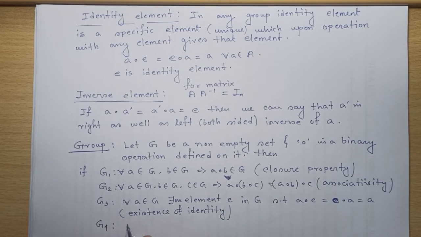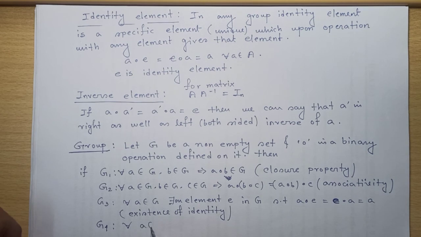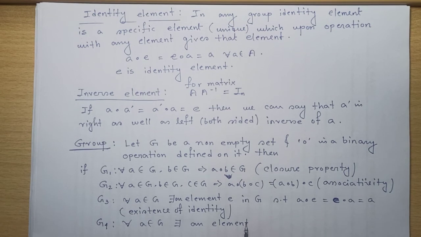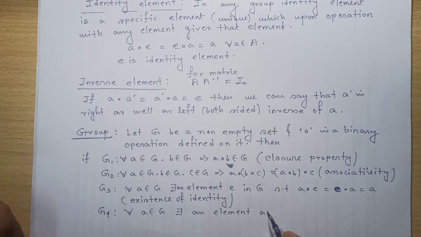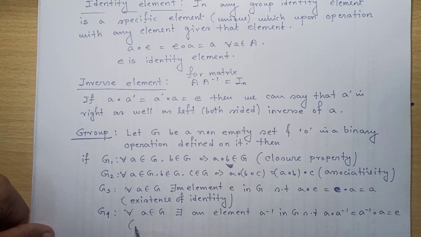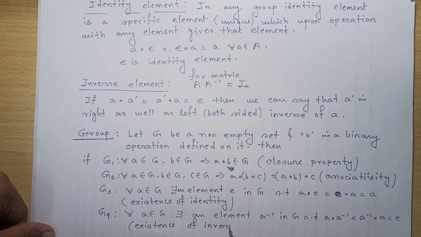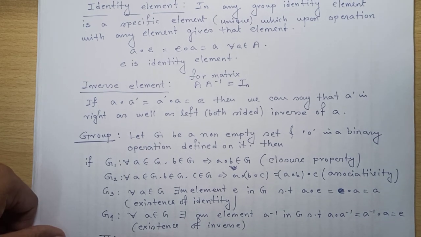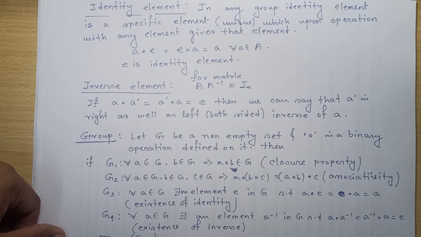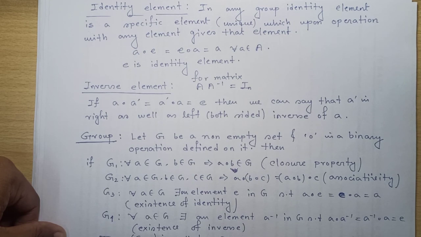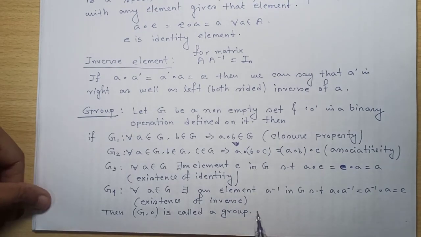And G4: for all a belonging to capital G, there exists an element a inverse in capital G such that a compose a inverse equals a inverse compose a equals e. It is called the existence of inverse. Then (G, compose) is called a group. This is the definition of group.